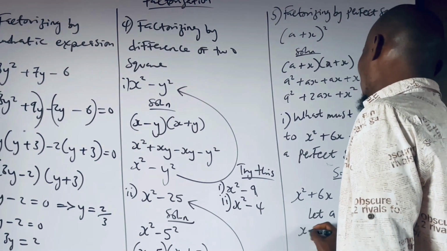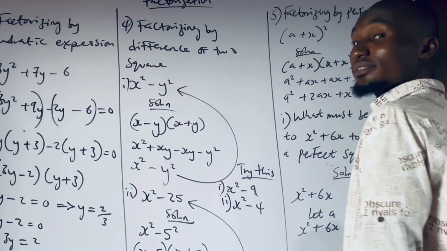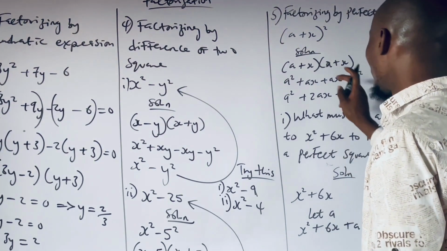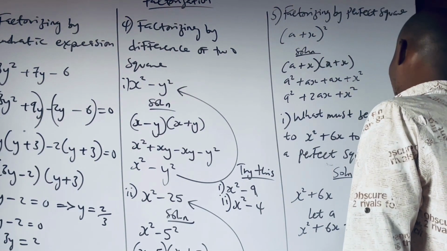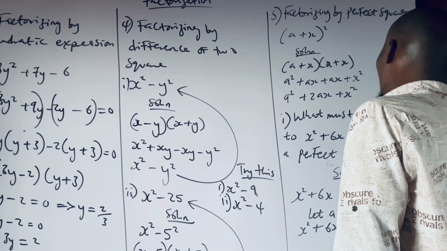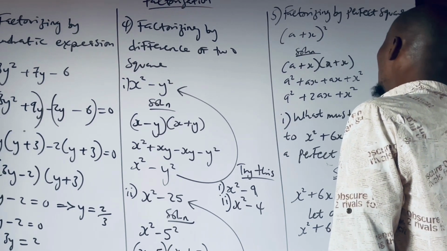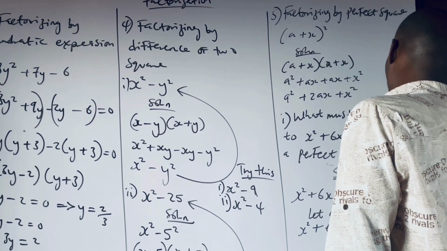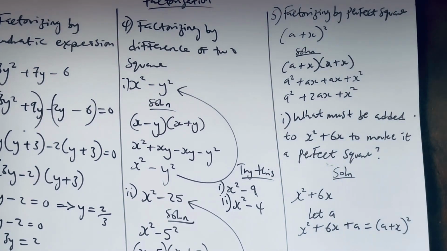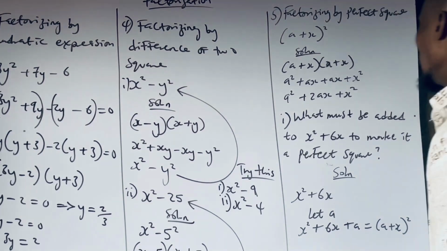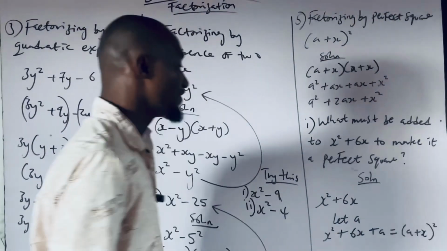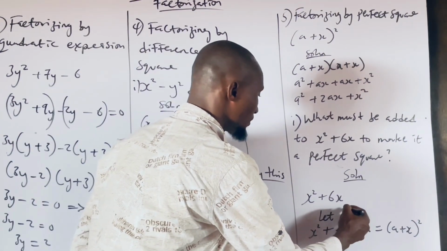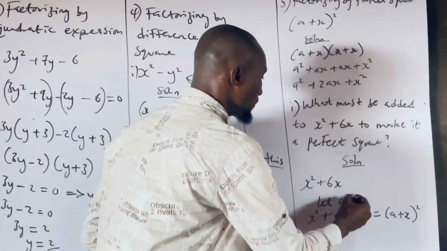We say x square plus 6x plus a equal to a plus x all square. We can even say let a square be added.